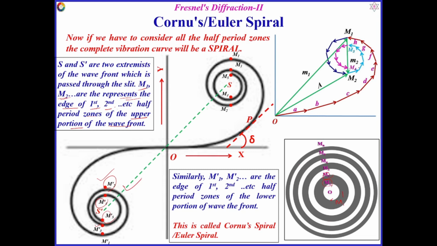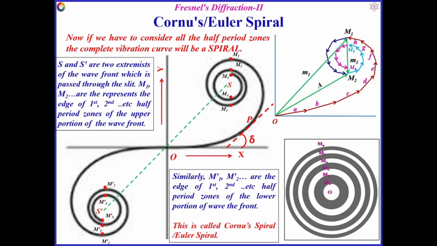This is your M2, and the corresponding one here will be called M2 dash, like this. Likewise, M1 dash, M2 dash, M3 dash and so on are for the lower portion of the wavefront.